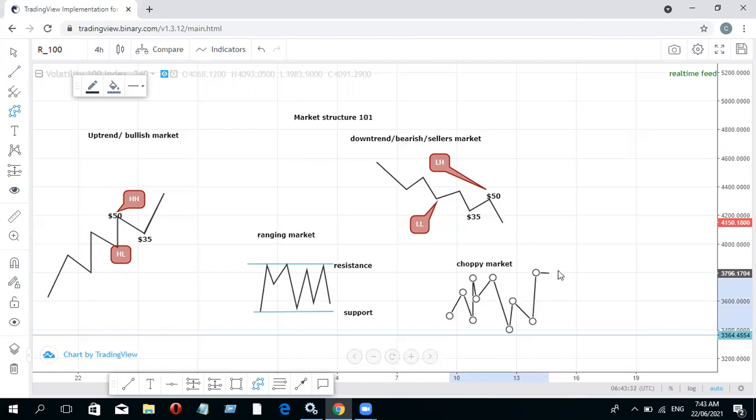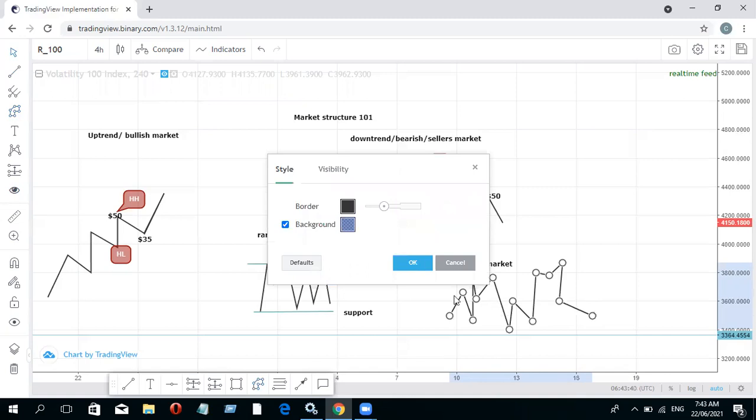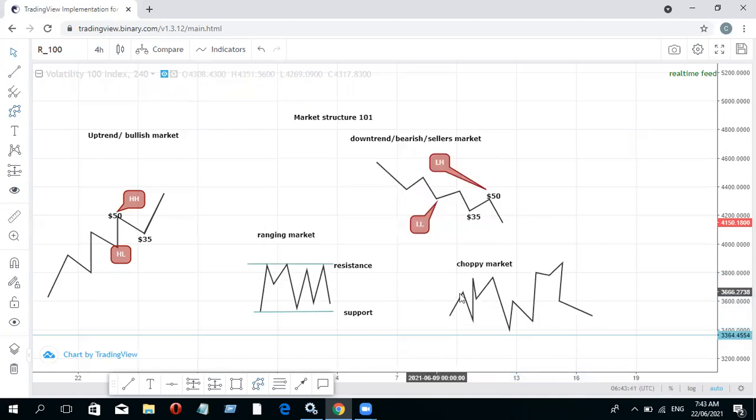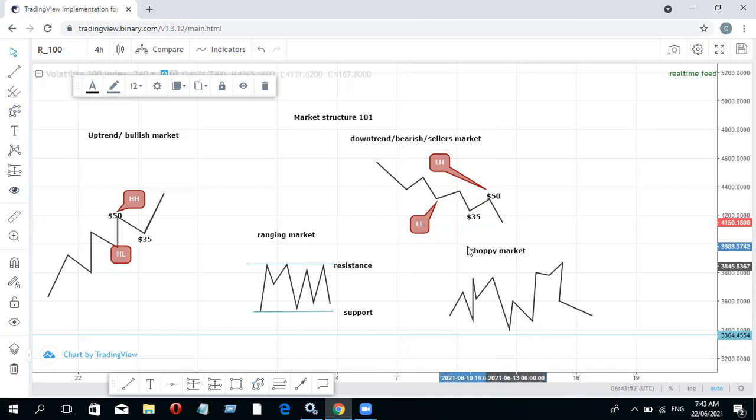It just doesn't have a particular direction. So this market is best to avoid. These are the 4 kinds of markets we have.